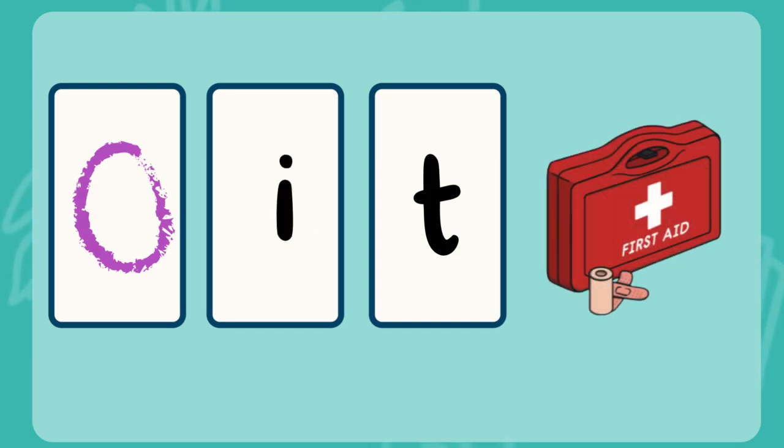Here I have a first aid kit. Kit is our word. But if I look at my letters, it looks like I'm missing that first sound. I have it written, but I'm missing that first sound. That first sound is a k sound. What letter makes the k sound?